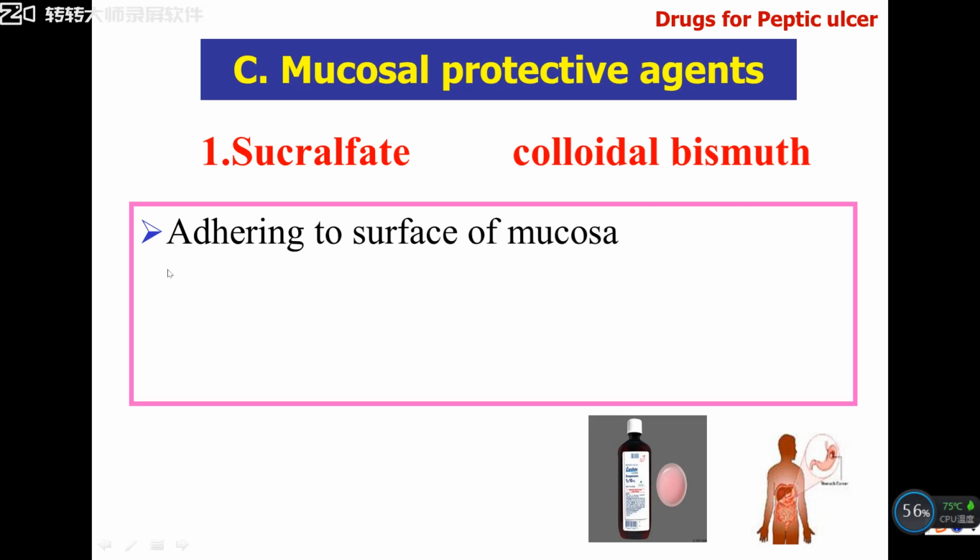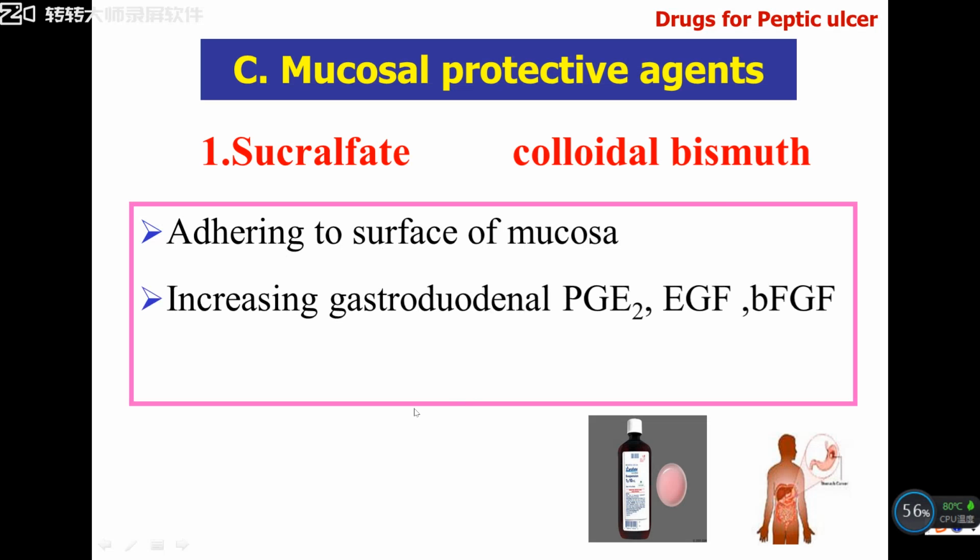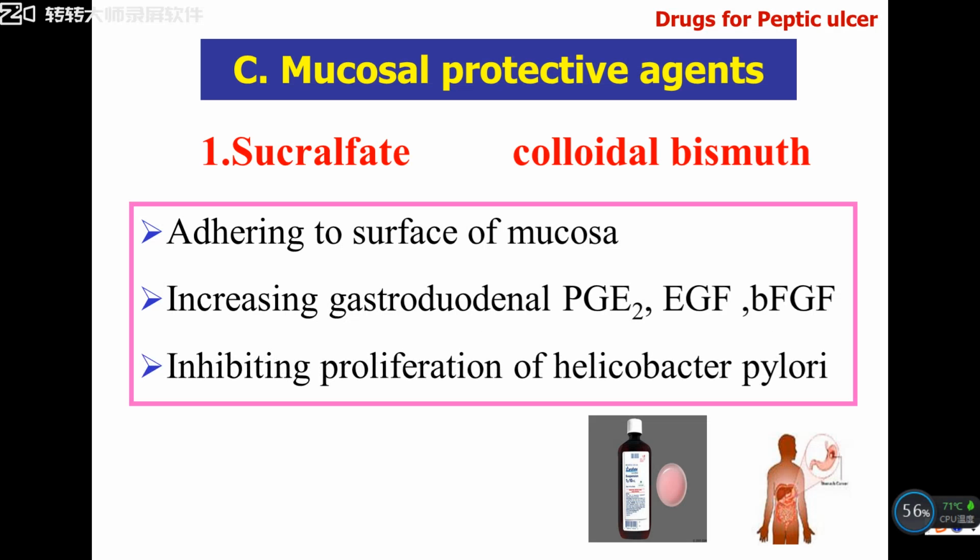Bismuth can adhere to the surface of the gastric mucosa and protect it, and can increase gastroduodenal prostaglandin, growth factor, and fibroblast growth factor synthesis, protecting the gastric mucosa, and at the same time also inhibit proliferation of HP.